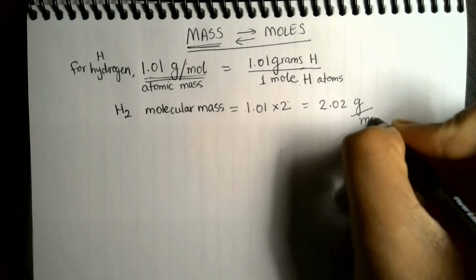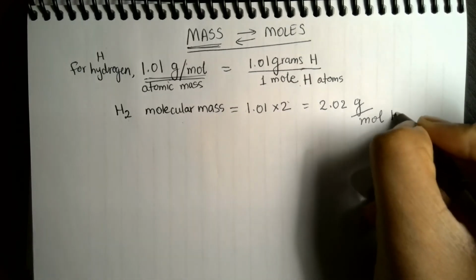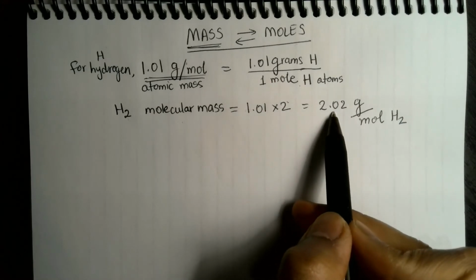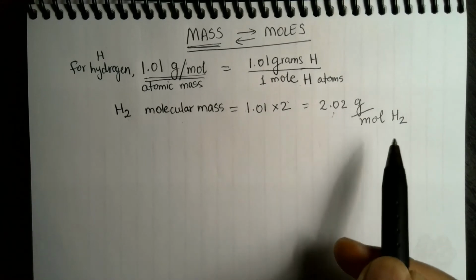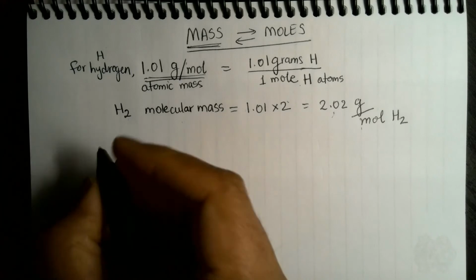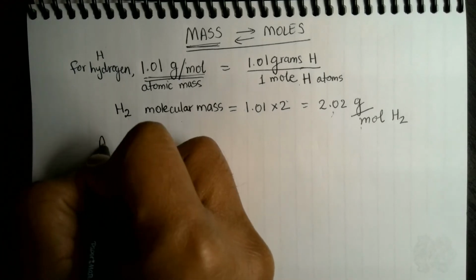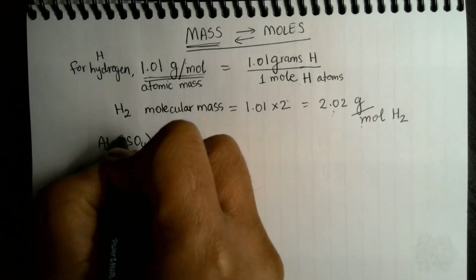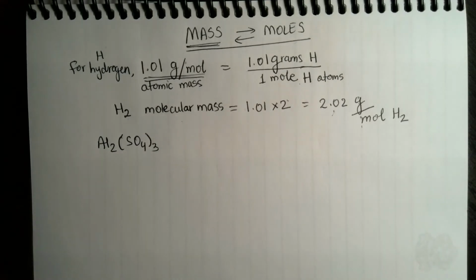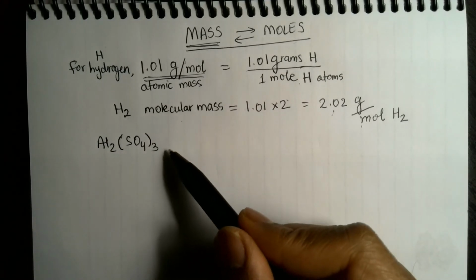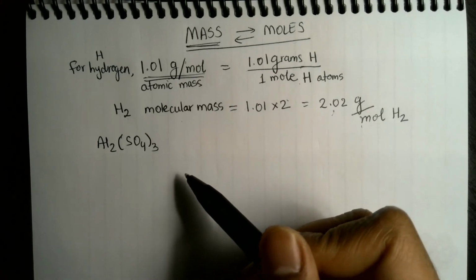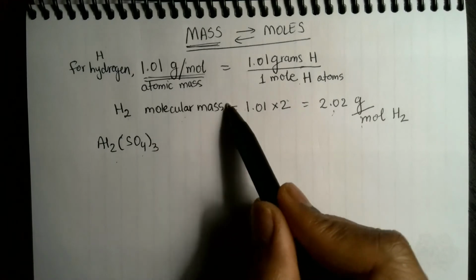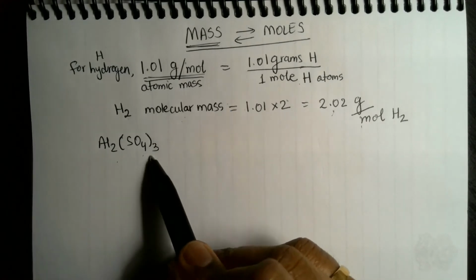So what this tells us is that for H2 molecules, this would be the number you can use to go from grams to moles. What if it was something more complicated? Al2(SO4)3. Now, first of all, it is a formula unit, so you can't say molecular mass when you have an ionic compound.